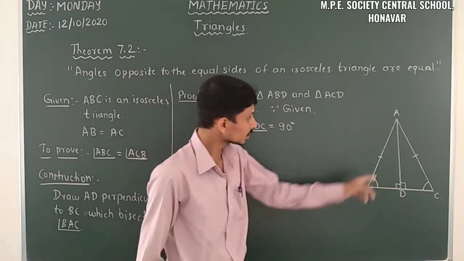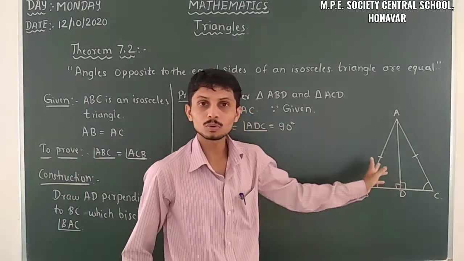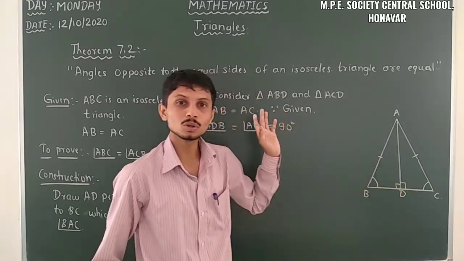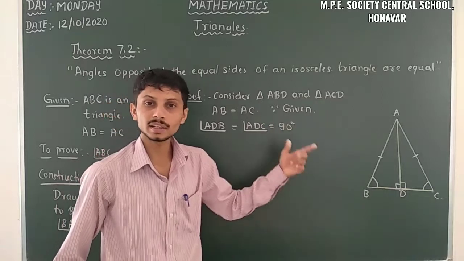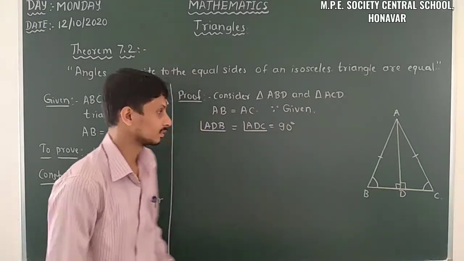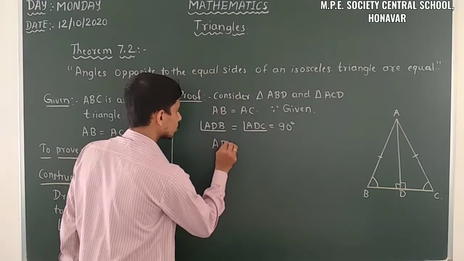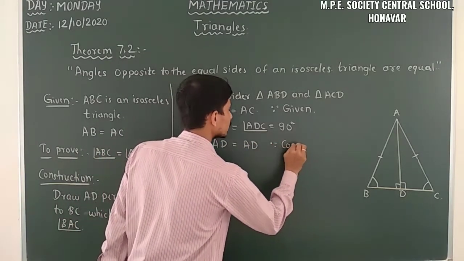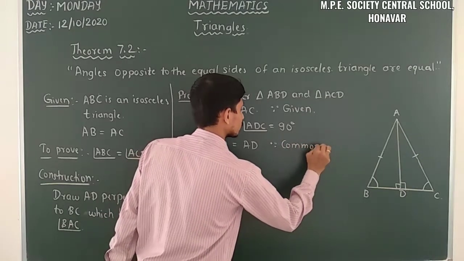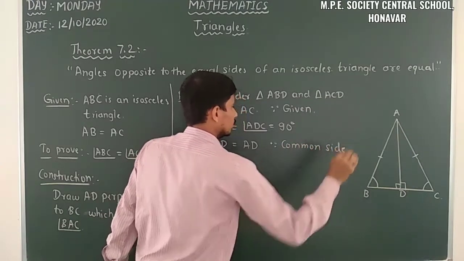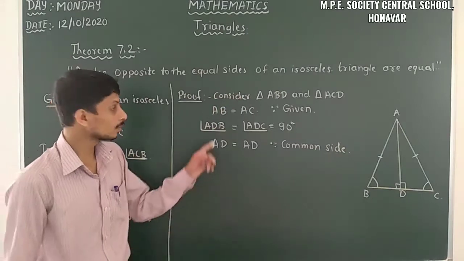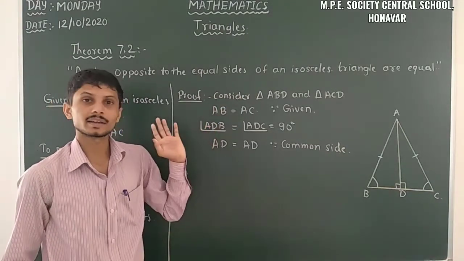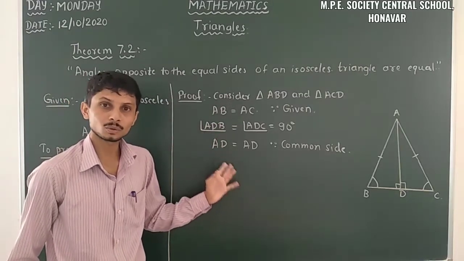So we have the second equality. Just observe, AD is common for both triangles, so it becomes a corresponding side. That is AD is equal to AD, because it's a common side. Here it becomes the SAS criterion, that is the side angle side congruence rule.